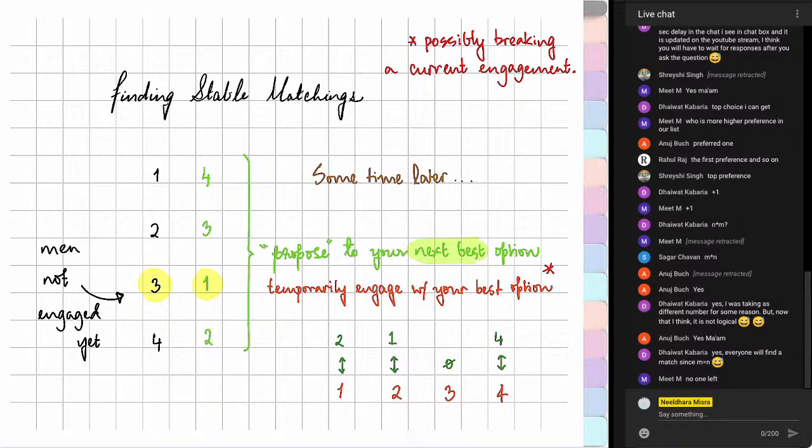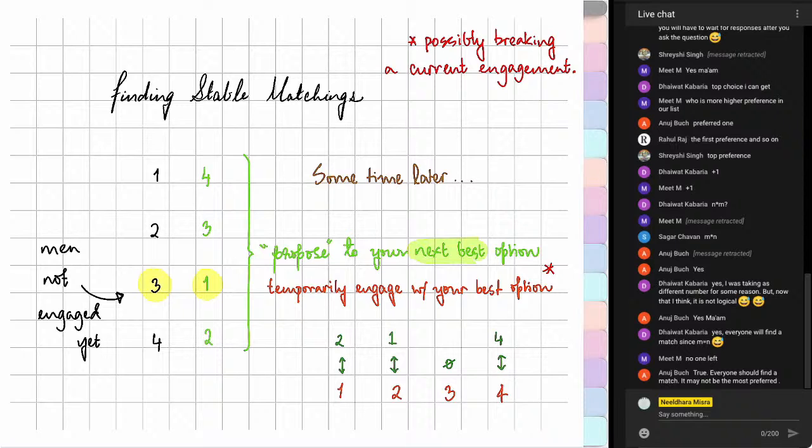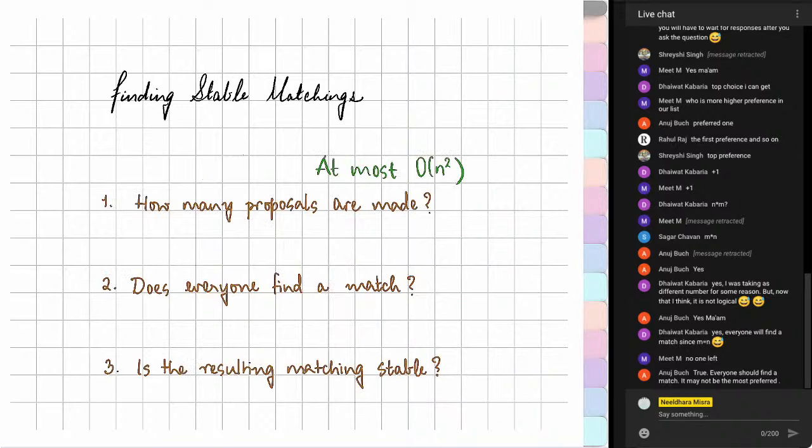And of course, once you are engaged, then you work with the best proposal that you get, right? And as Anuj is saying, the match that you get may not be your best possible match, but you will get some match, right? In particular, let's say that the algorithm is finished, and here is a man who is still single.